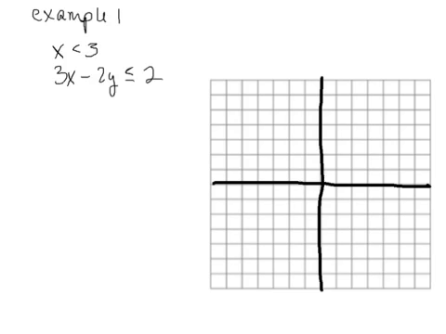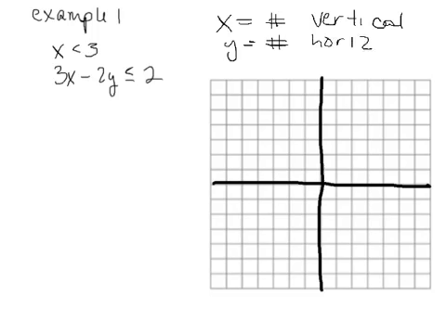Okay, one more. Here I'm going to remind you guys that when you have x equals a number, your line is vertical. When you have y equals a number, your line is horizontal. So x is less than 3.